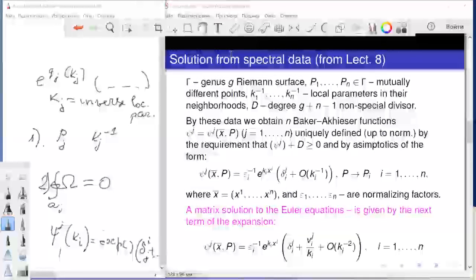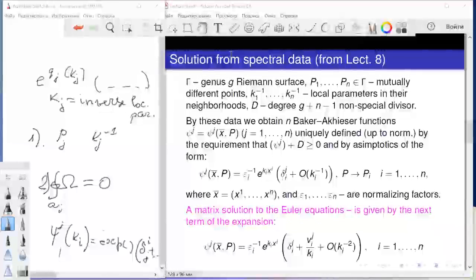So the next term of expansion gives elements Vij, which form the matrix, which in turn is a solution of our equation. And it was just a preface.